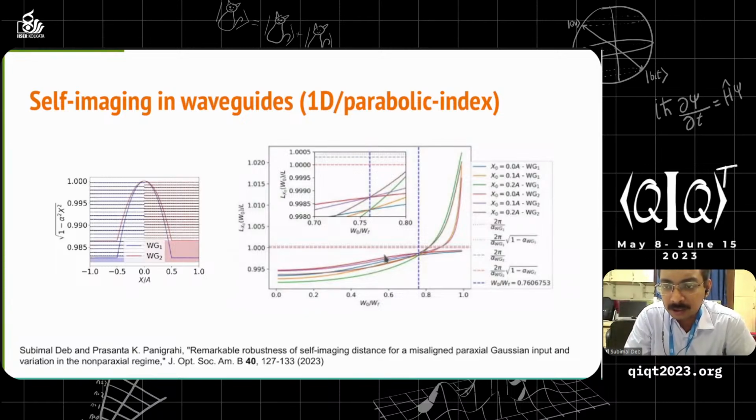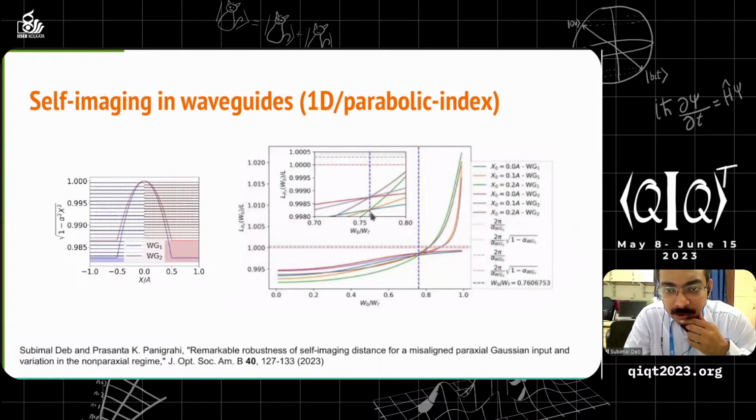It depends on the wavelength, the waveguide width, and the core and cladding refractive indices. And a corrected version, with a factor of square root of 1 minus alpha, happens to be very close to twice the Talbot width, for the paraxial case, of course.